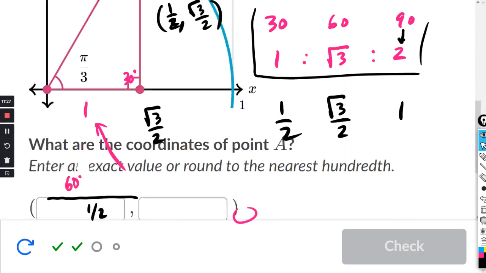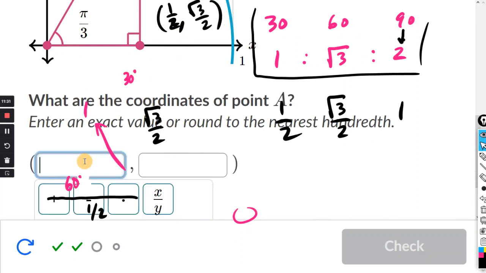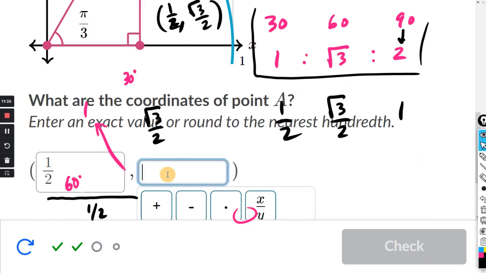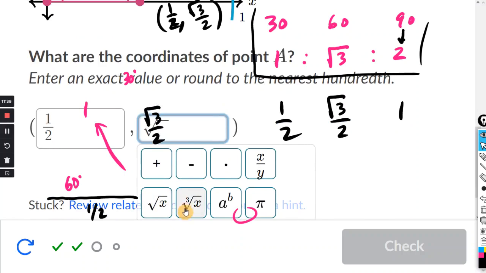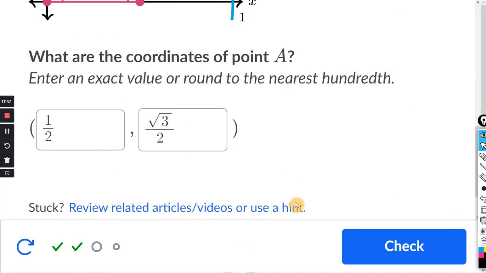All right. So on the unit circle, the x-coordinate for that angle is 1/2. And then the y-coordinate, click the square root button, radical 3, hit the right arrow key, /2. Okay, so in this case, I got radical 3 over 2.